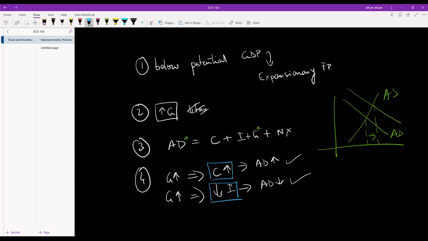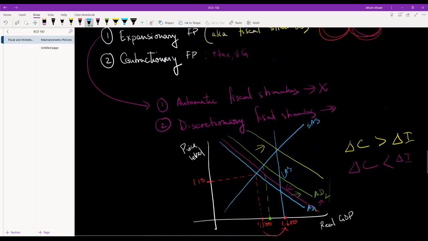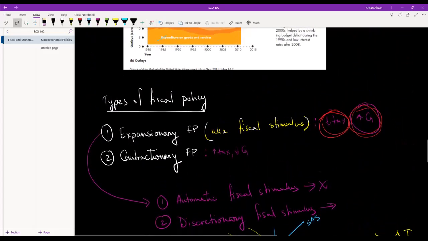The underlying idea that you should take away is that expansionary policy means that the government will increase its expenditure or reduce taxation, or the government may also decide to undertake a contractionary fiscal policy, in which case they will increase taxation or reduce government spending.